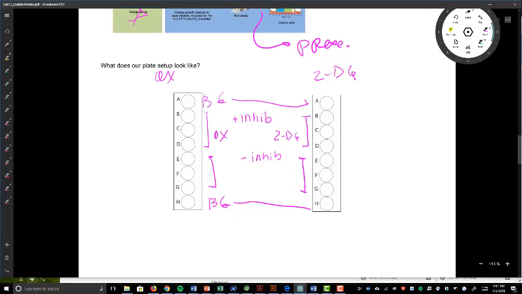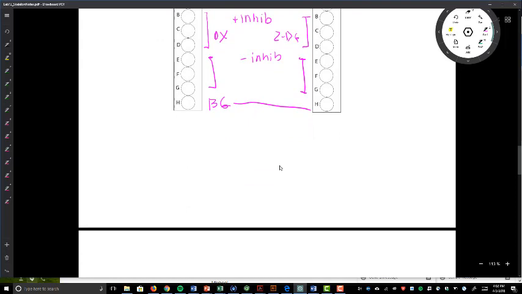That way we'll have our background, and for each plate we'll have our cells with and without inhibitor, so you can compare what happens to the cells when you add inhibitor and when you don't, and then look for any differences in how the metabolism is affected based on whether you add oxamate or 2-DG.